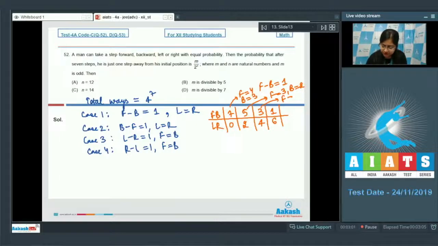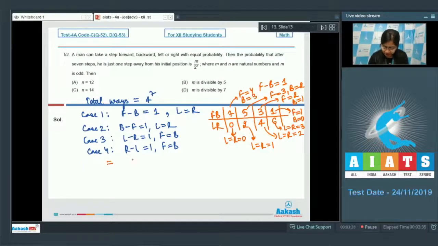Here F is equal to 2 and B is equal to 1, and here F is equal to 1 and B is equal to 0. Here left is equal to right is equal to 0. Here left is equal to right is equal to 1. Here L is equal to R is equal to 2, and here L is equal to R is equal to 3. Now let's count the number of possible ways.